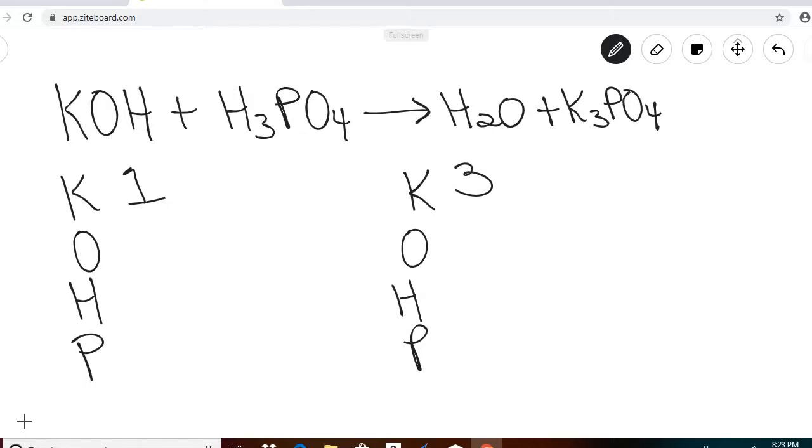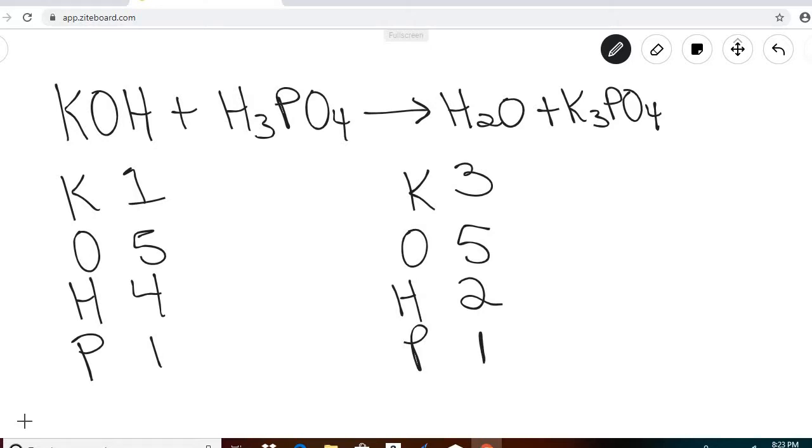Oxygens, we have 5 on this side, and 5 on that side. Hydrogens, we have 4 on the reactant side, and 2 on the product side, and then phosphorus is 1 and 1.